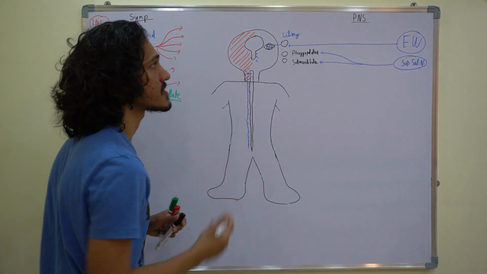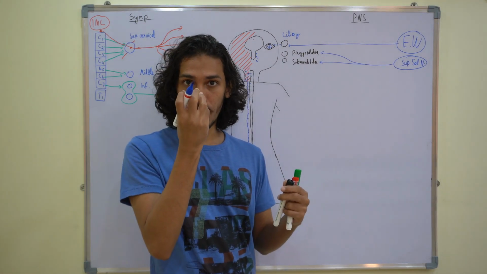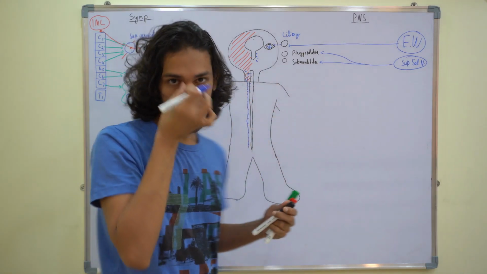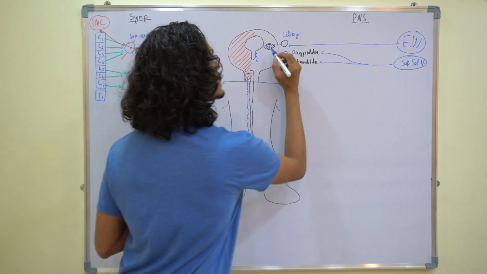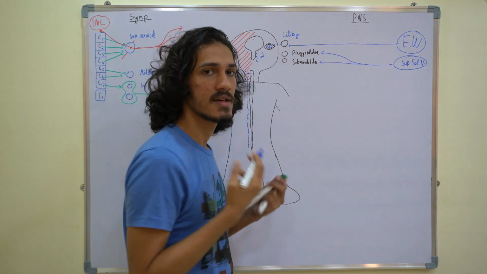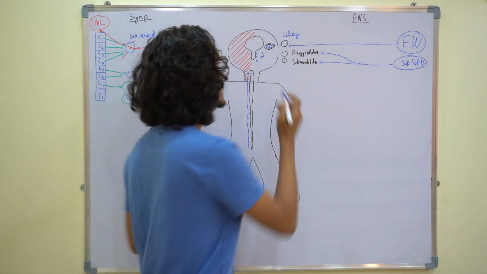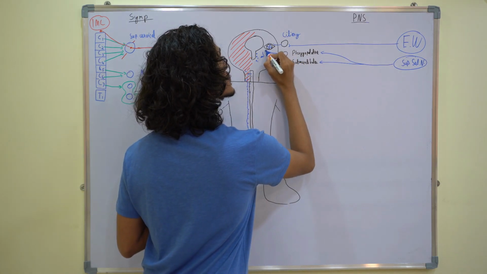First let's talk about the pterygopalatine ganglia. The pterygoid part is the palate, so these regions over here are supplied by this. It is going to supply parts of the nose. In the nose, what does it supply? The glands present there, nasal secretions. Also, what else is in this region?